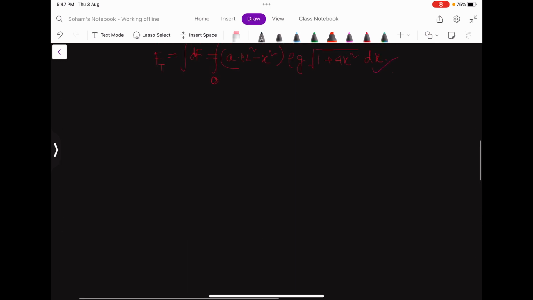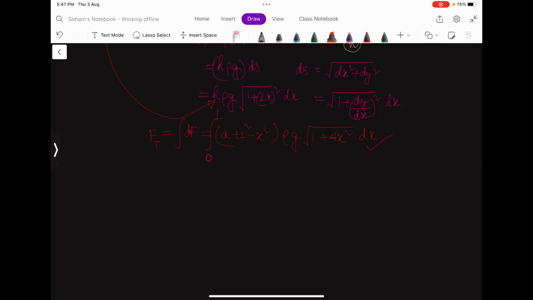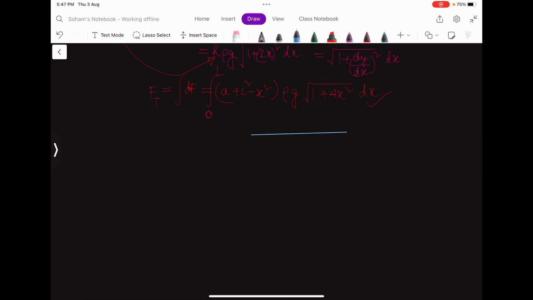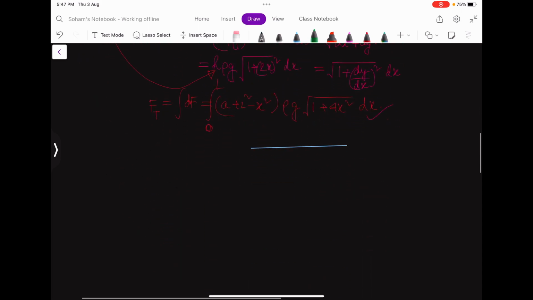This is my free surface, and similarly I have my curved surface AB.